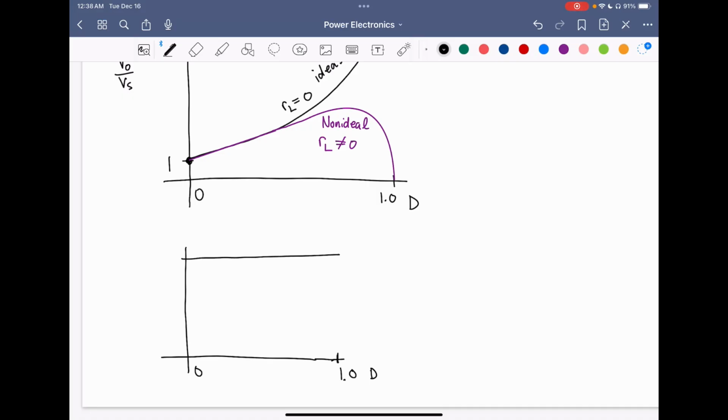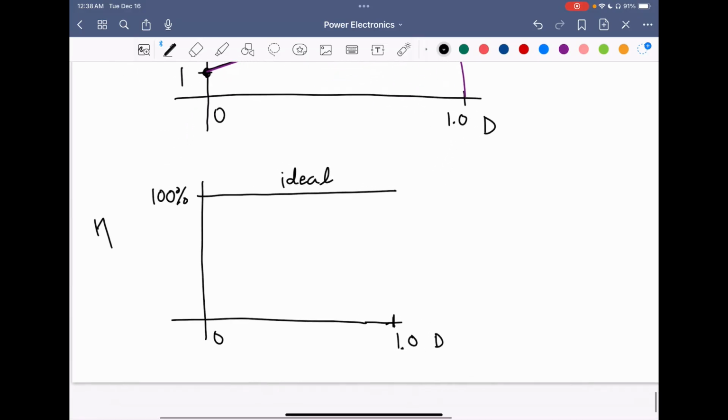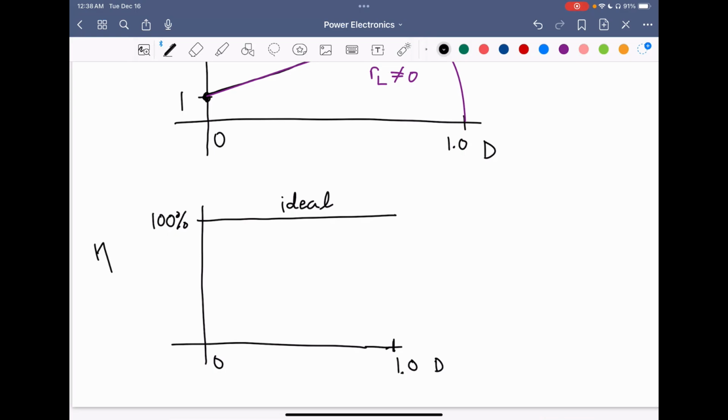So this is efficiency, and we had 100% for the ideal converter. However, with a non-zero inductor resistance, we'll see that the efficiency drops as we increase the duty cycle.